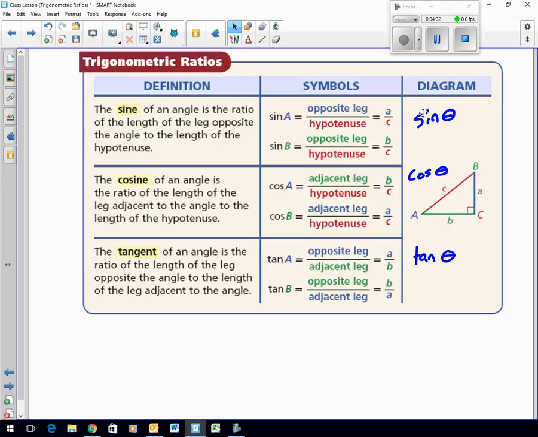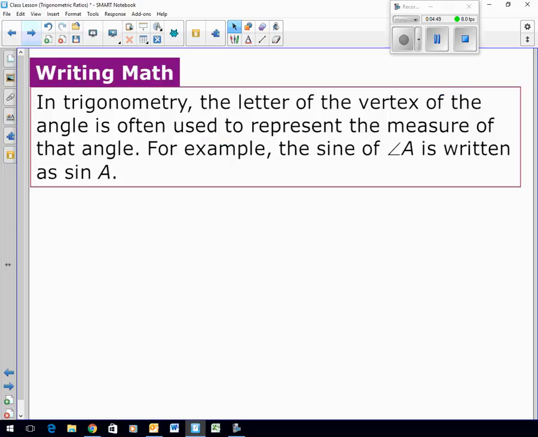So when we say the tangent of A, we're talking about angle A. So you've got to read your theta to understand that in this context it's going to mean an angle measurement. The letter of the vertex of the angle is often used to represent the measure of that angle. For example, the sine of angle A is written as sine A. That's going to be really key to understanding what's going on here.